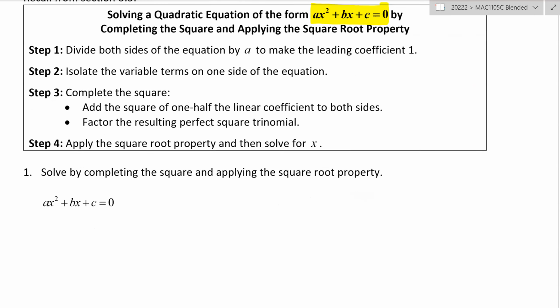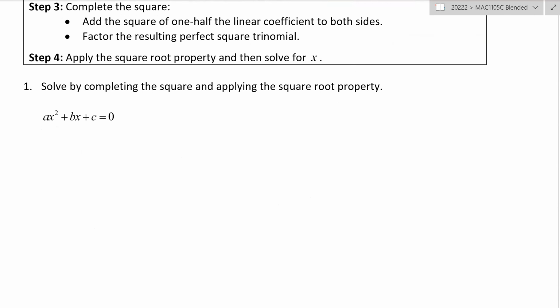So we could do this, right? Completing the square, just a reminder, first you want to get x squared alone. So we have to divide everything by a. So I have x squared plus b over a times x plus c over a equals 0.